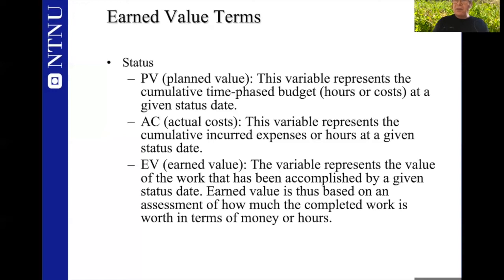And when you convert the physical work that is done into hours or kroner, you will be able to compare this earned value with the actual cost and with the planned value, and see the difference between the earned value, which is what you have actually produced, the actual cost, which is the amount of money that you have actually used, and the planned value, which was your original estimate at the beginning.